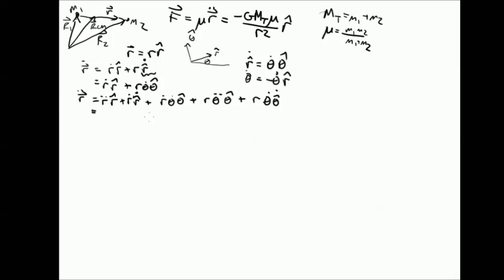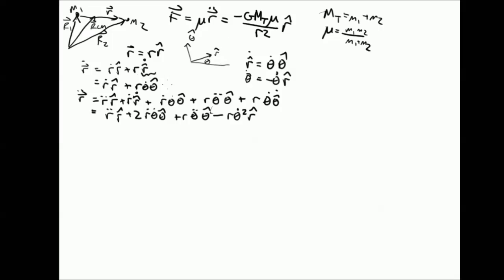Gathering like terms, this becomes r double dot r hat plus 2 r dot theta dot theta hat plus r theta double dot theta hat, minus r theta dot squared r hat.